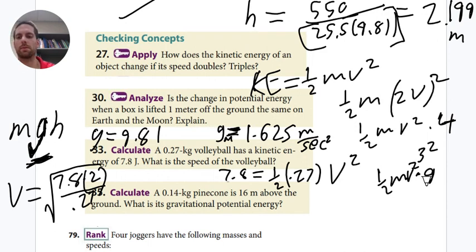Just a little bit of quick math. So v is 7.8 times 2 divided by 0.27. Then square root that answer. So it should give me 7.6 meters per second for the answer to 33.